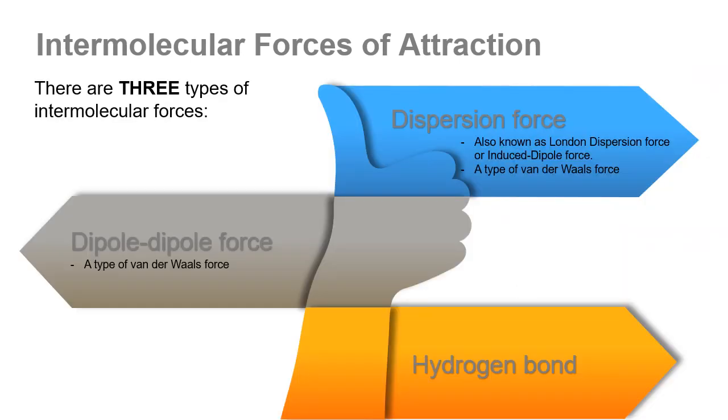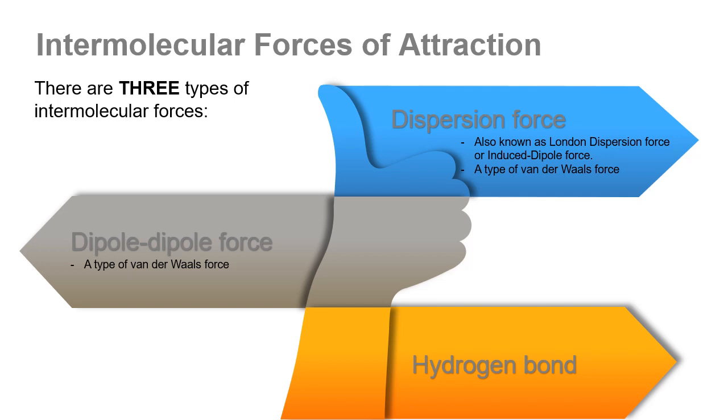Intermolecular forces have three types. However, the first two types are van der Waals. Then comes hydrogen bond. Please be careful with the names of intermolecular forces here. They are quite confusing. Okay, the first one is dispersion force.